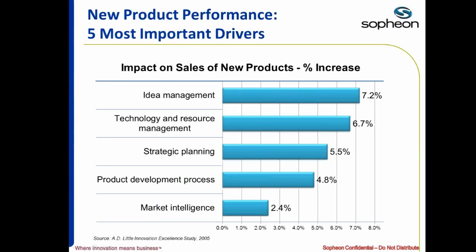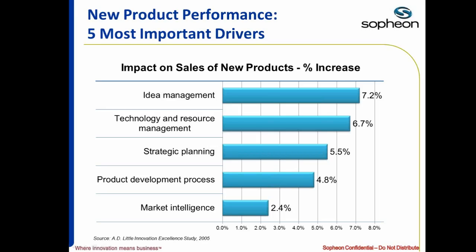If we look at the innovation process in whole, starting with strategic planning, moving into ideation, into the new product development processes, and technology resource management, etc., the effectiveness of each of these portions of the innovation process will help drive sales for new products and have an impact on the sustainability and, at the end of the day, the profit of each company.